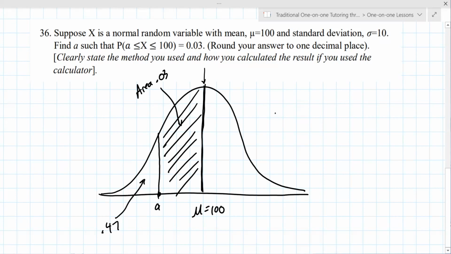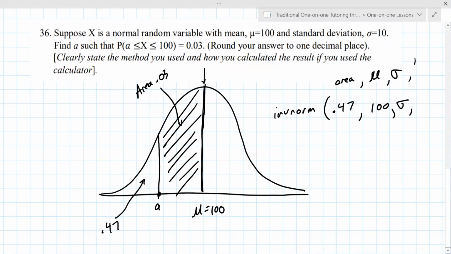So you're going to use inverse norm on your calculator. I don't remember the order, but it's some combination of area, comma, mean, comma, sigma, comma, and then I think you have to choose left, right, or between.